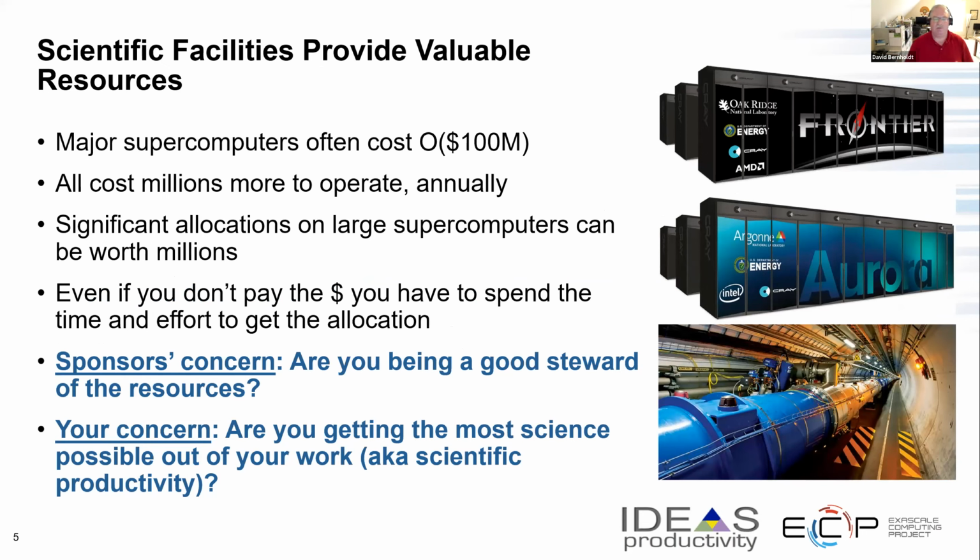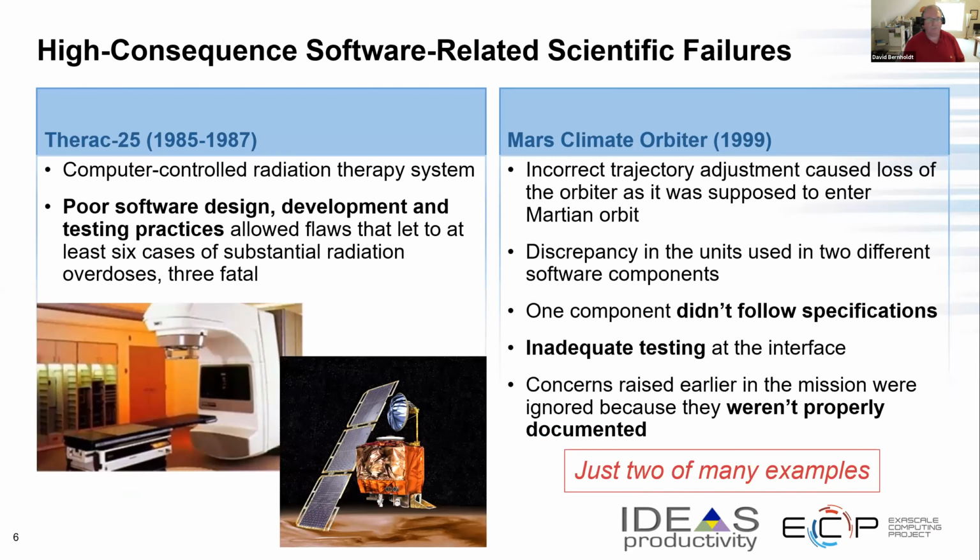You may not have to pay for that, but you have to spend the time and effort to get the allocation. Your sponsor, and the sponsor of the computer, will be concerned about whether you're being a good steward of the resources, and you should be concerned about whether you're getting the most science possible out of your work. A lot of these factors have to do with the quality of your software.